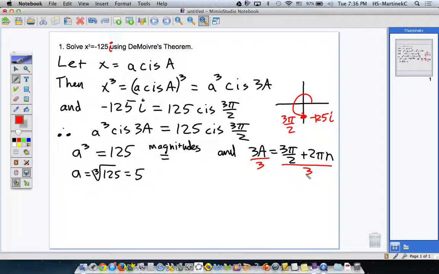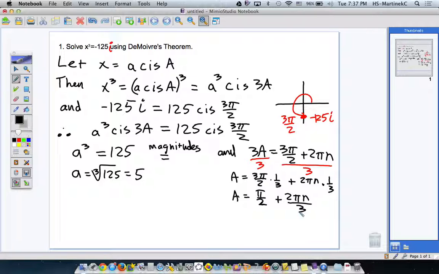So capital A is 3 pi over 2 times a third, because dividing by 3 is the same as multiplying by a third, plus 2 pi n times a third. In other words, A is pi halves plus 2 pi n over 3.